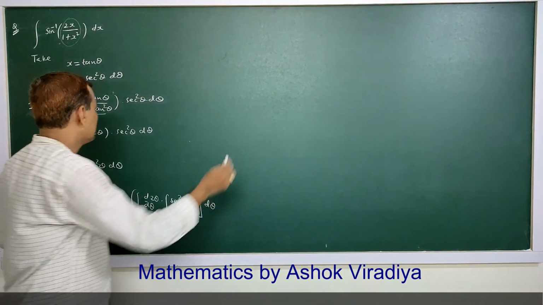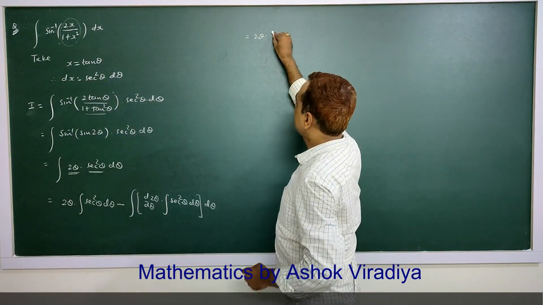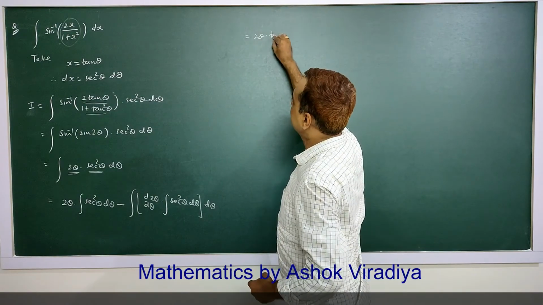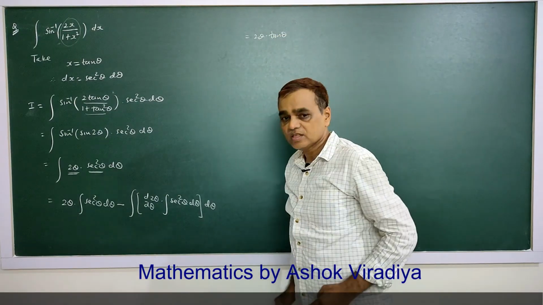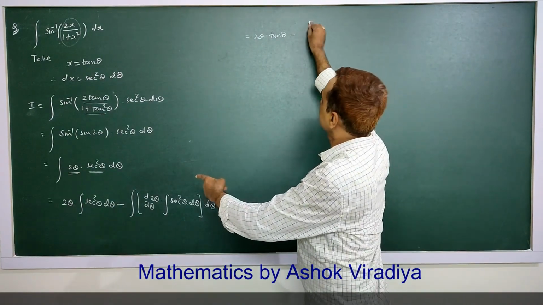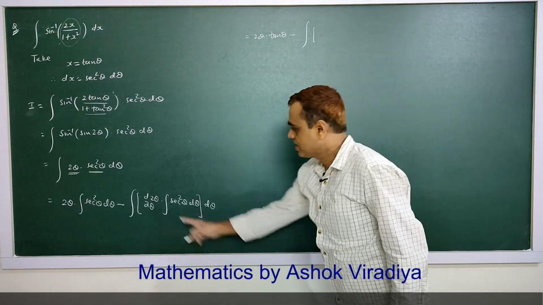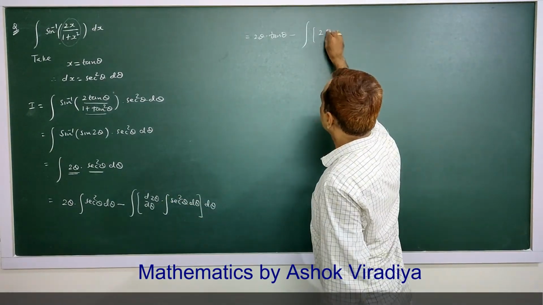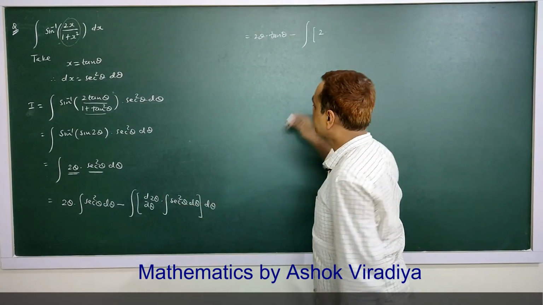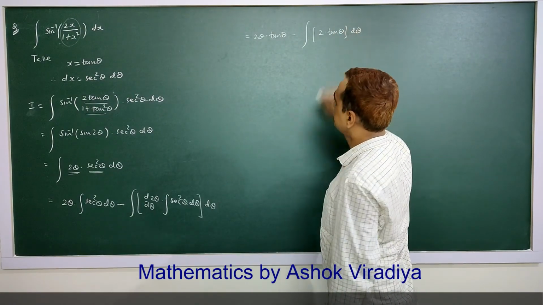So that is 2 theta into integral of sec square theta, which is tan theta, minus integral of, now derivative of 2 theta is 2, integral of sec square theta is tan theta d theta.